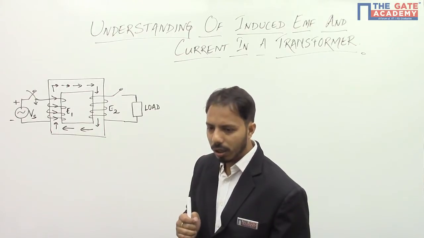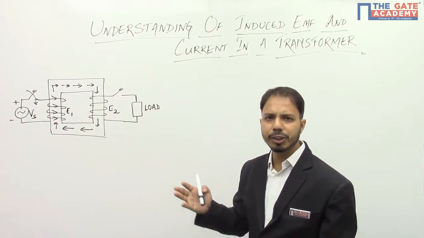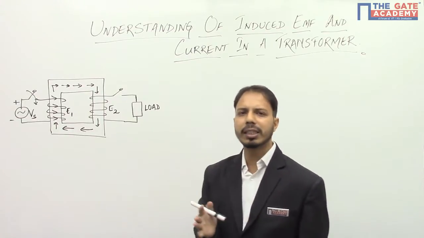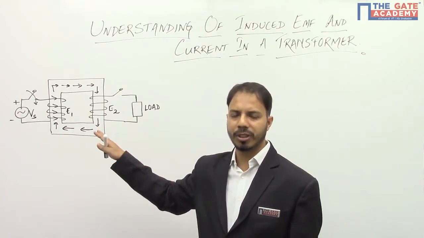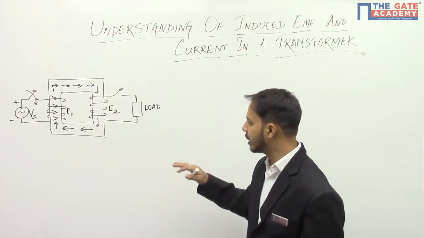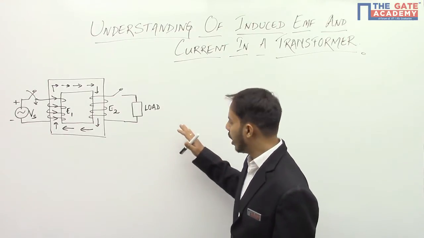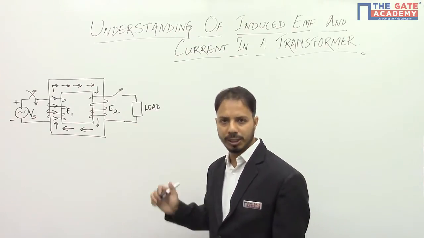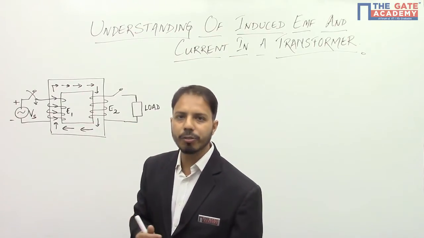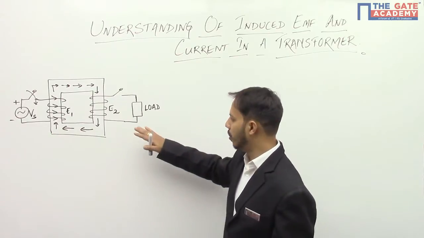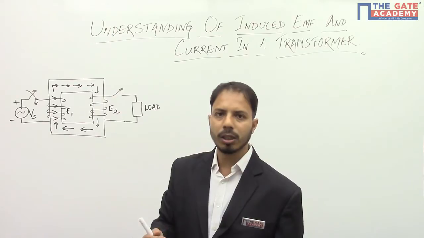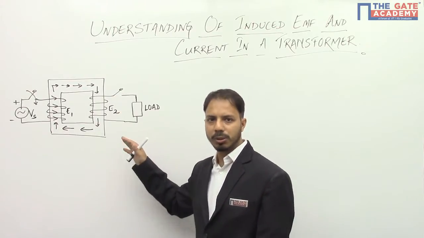Now we all know that the induced EMF is due to Faraday's law. So I will not be going into the working principle of the transformer. Rather, what I am going to discuss here is the behavior of the current as well as the induced EMF. If you are not clear about the basics or the working principle of the transformer, you can go to the other videos where I have discussed it.